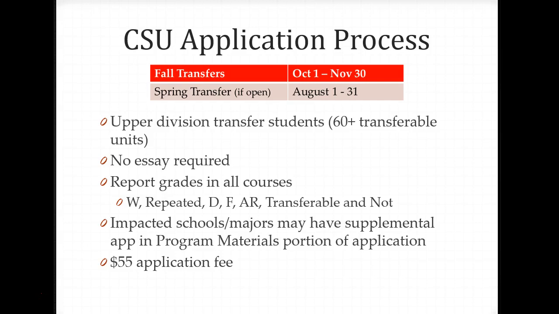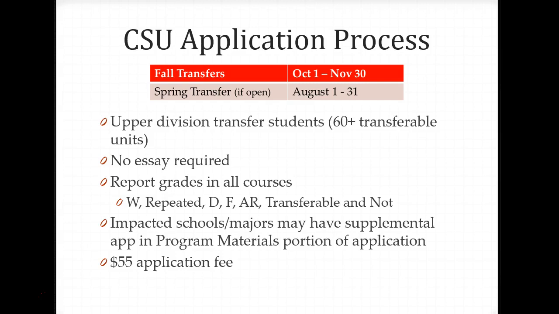Impacted schools or majors may have a supplemental as part of the application, and a lot of times this is in the program materials portion. The CSU is also going to be doing an update where students in January can log back into the system and inform CSU of what their grades were in their fall classes and what they're taking for the spring.